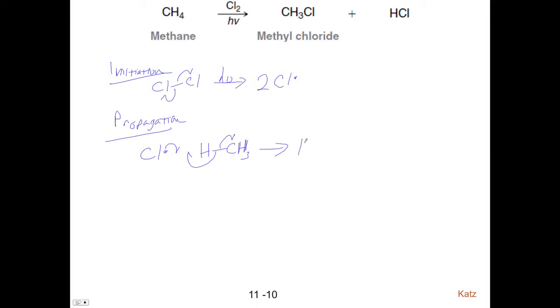We formed HCl plus CH3 dot. Propagation: you start with some radicals and you end off with some radicals.